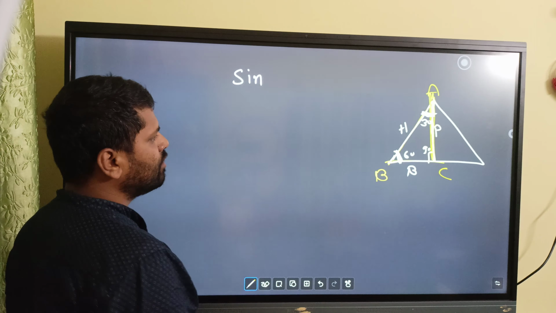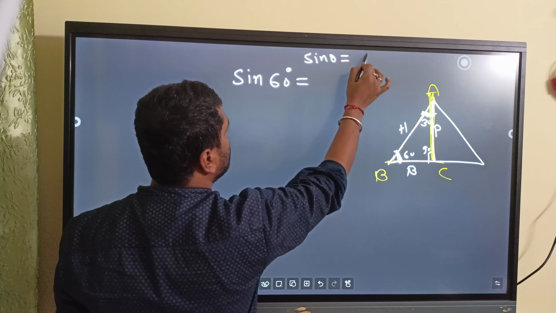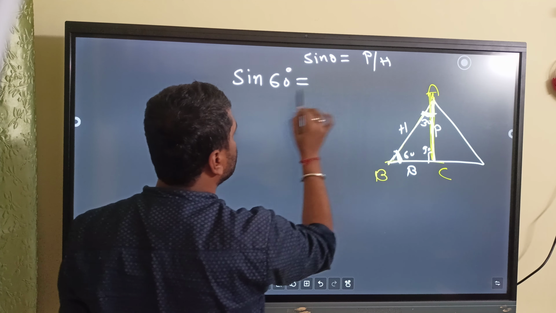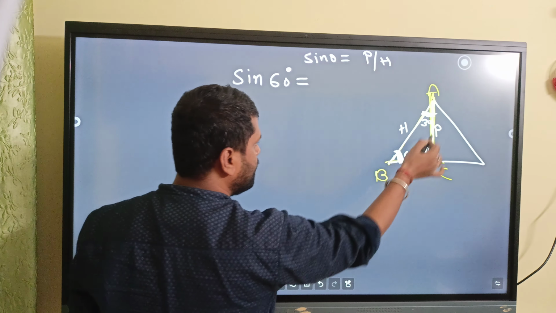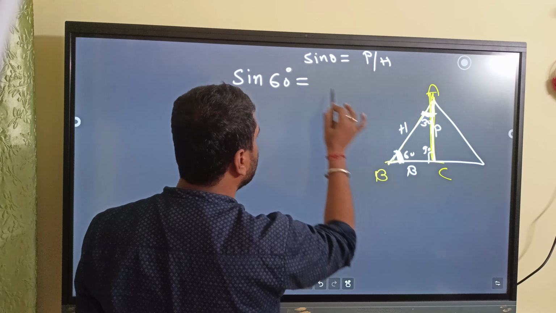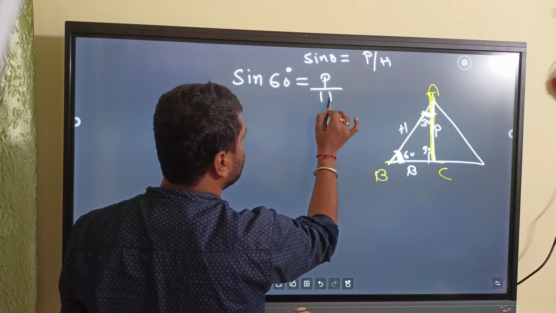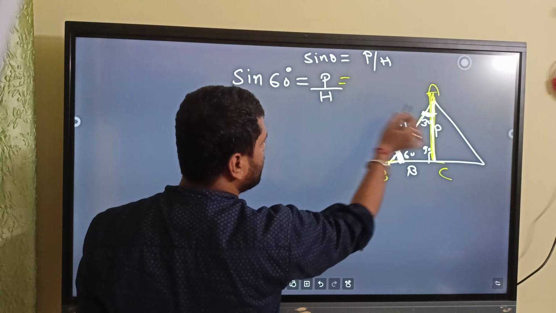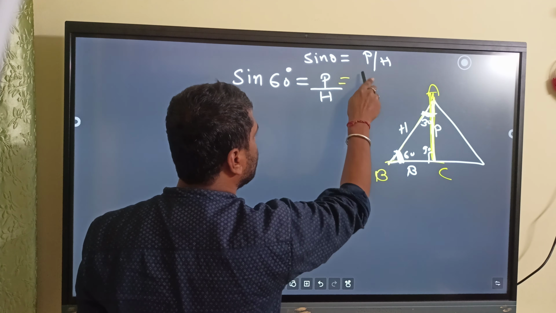If we say sine 60, what is sine theta? P by H. So for 60 here, P by H we say, right? And P is nothing but AC. So better we write AC by AB. Correct? And yesterday we have seen all the values.